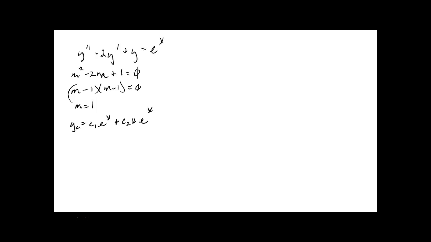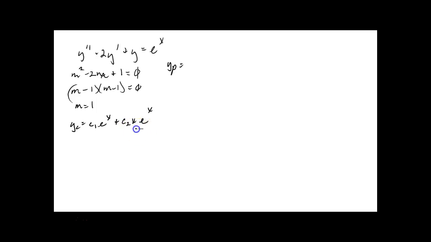All right, here we have our g of x is of the same form as your complementary solution. Well, so what would you guess for a particular solution that will work here? I'll tell you now, e to the x will not. So what would be your next guess? x e to the x.